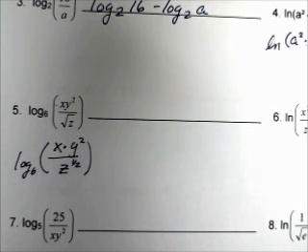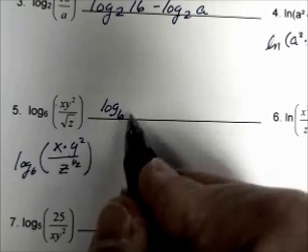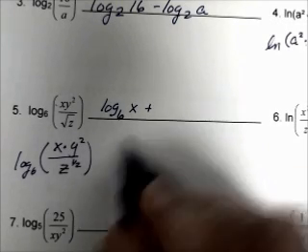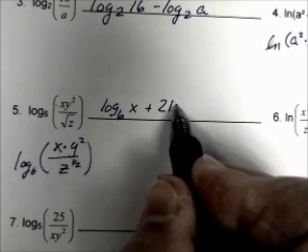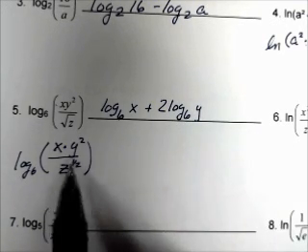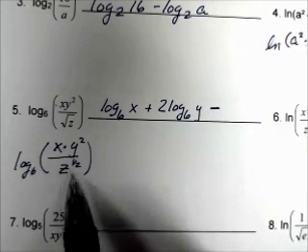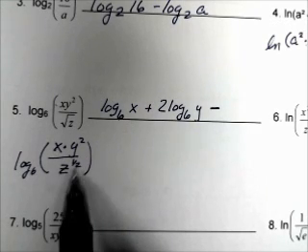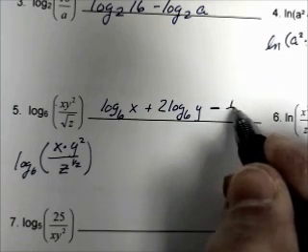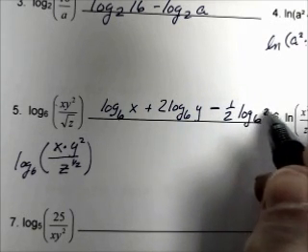We have log base 6 of x plus, multiplication goes to addition, and the power is going to come out, 2 log base 6 of y. Division expands to subtraction, subtract log base 6 of z to the 1/2, but the power of 1/2 is going to come out in front as a multiplier. So 1/2 log base 6 of z.